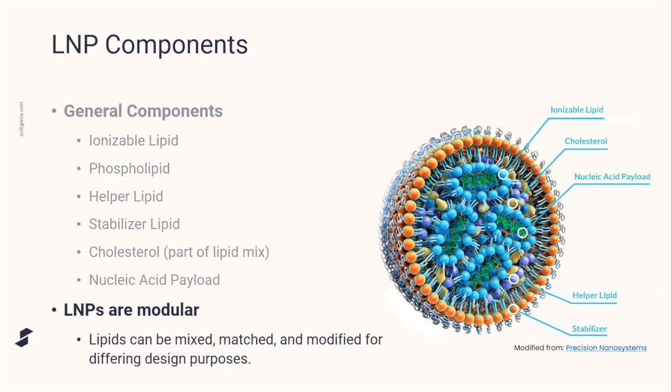So as you can imagine, you can have the same components, but adjust how the formulation is made, and it'll result in a very different nanoparticle that may have different characteristics that you're looking for. So you could adjust the size, the surface potential, any motifs on the surface of the nanoparticle, all to try to meet your need and provide a good drug delivery system.